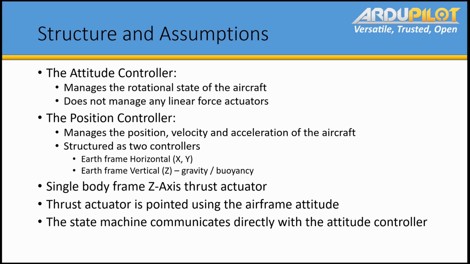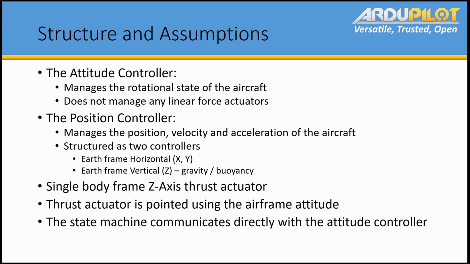And it tends to output what we call acceleration because it's normalized force, basically. But you can think of the fundamental output of the position controller as either a force vector or an acceleration vector.